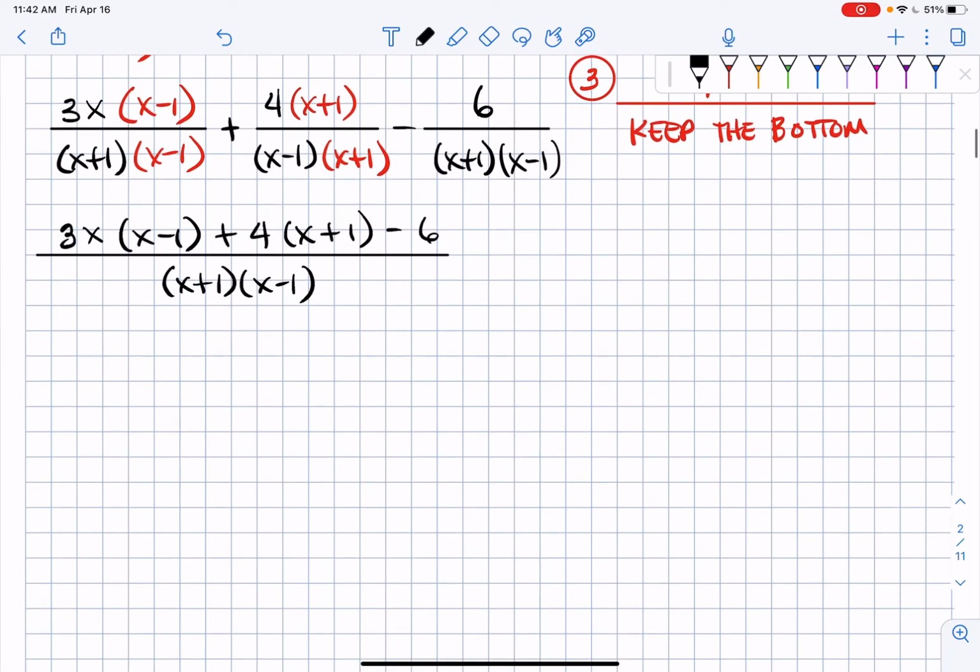All right? So let's go ahead and distribute what we need to distribute, because this needs to be distributed. And then this needs to be distributed. Right? Similarly, with the 4 as well.